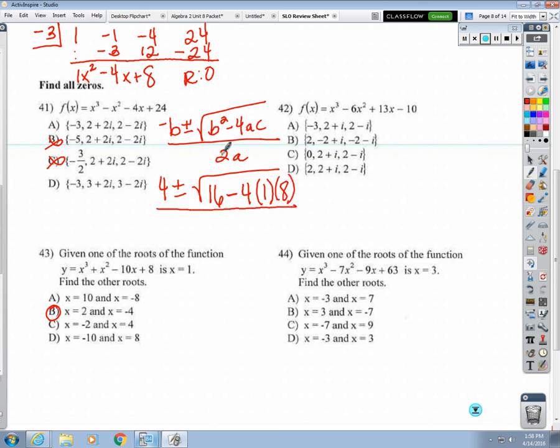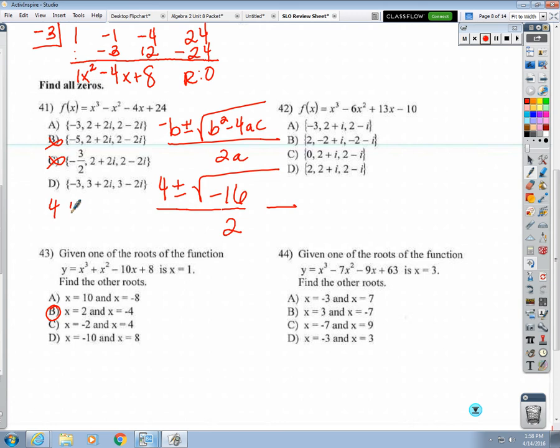All over 2 times A. What is A? 1. So 2 times 1 is 2. What is 16 minus 4 times 1 times 8? Quickly type it in. -16. Because 4 times 1 times 8 is 32. So 16 minus 32 is -16.